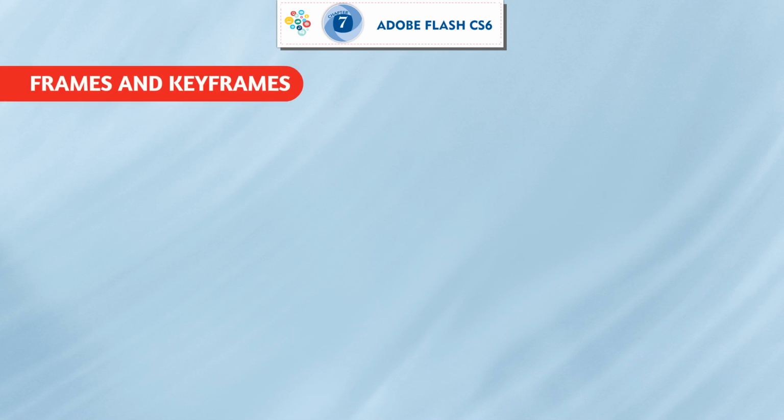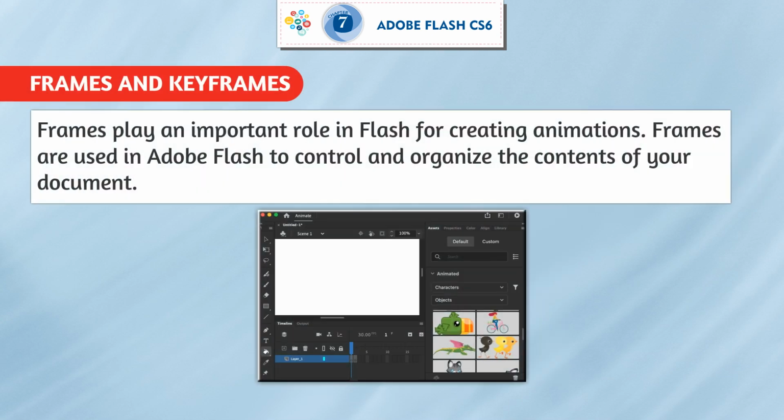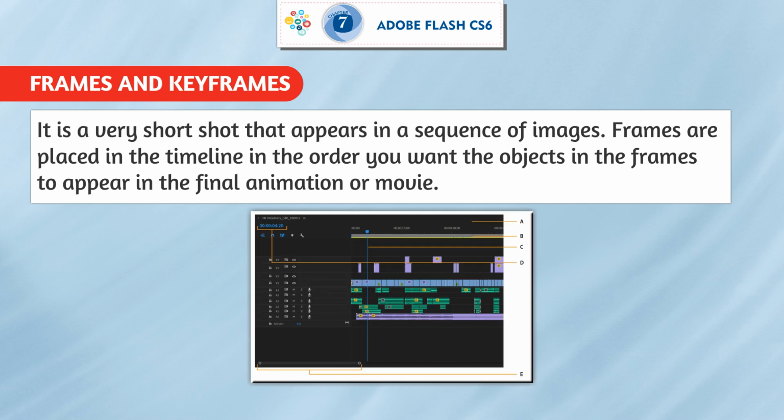Frames and keyframes. Frames play an important role in Flash for creating animations. Frames are used in Adobe Flash to control and organize the contents of your document. It is a very short shot that appears in a sequence of images. Frames are placed in the timeline in the order you want the objects in the frames to appear in the final animation or movie.